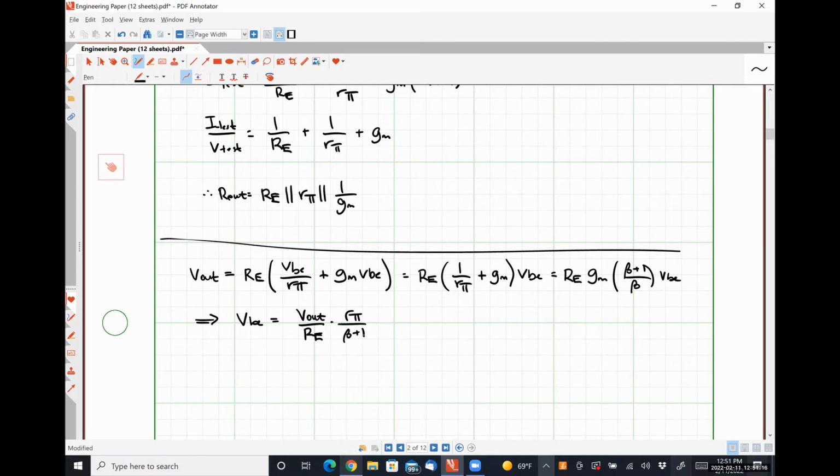Hold on, let me make sure I'm following my old notes to make sure this all makes sense. So I get dividing both sides by RE. Okay, yeah, so it's going to be a GM over beta, which is R pi. Yeah, okay, that makes sense. Sorry.